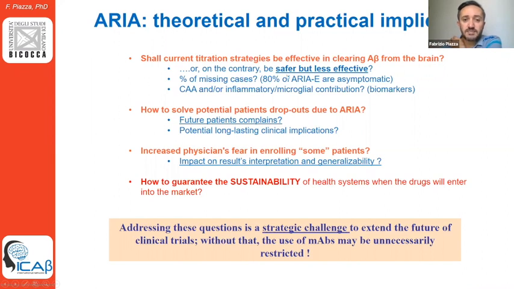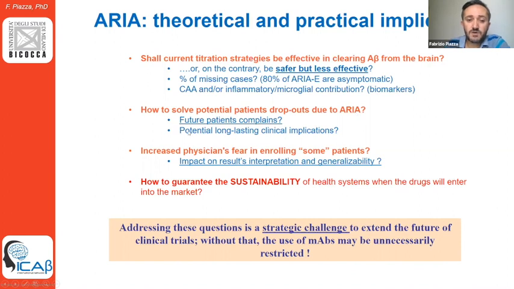Maybe the incidence of ARIA-E can be higher than what we know today. And to solve this issue is important because this can generate future patient complaints because of the issue of developing this potentially severe side effect.